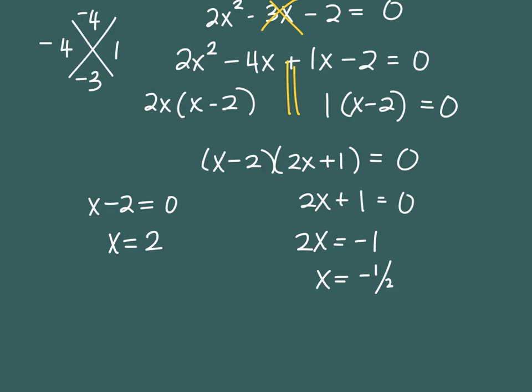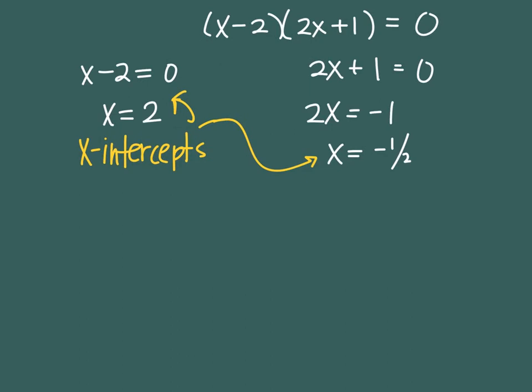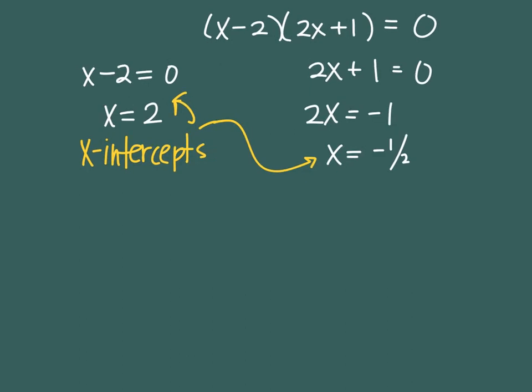These are called x-intercepts. The 2 and the -1/2 are called x-intercepts. An x-intercept is where a graph would cross the x-axis. So when your questions ask you to confirm it by graphing, you grab your graphing calculator, which we'll do right now.